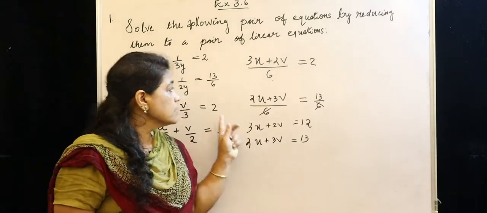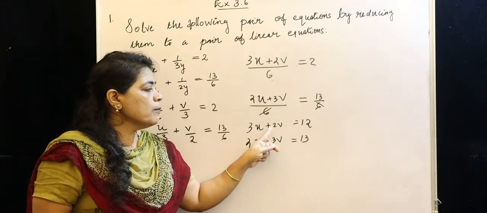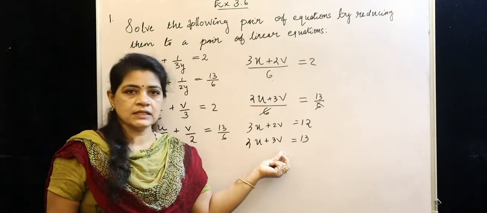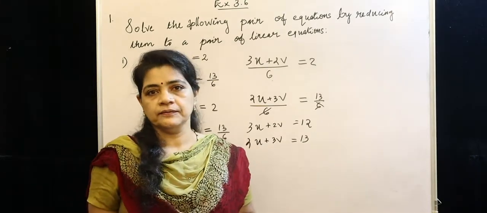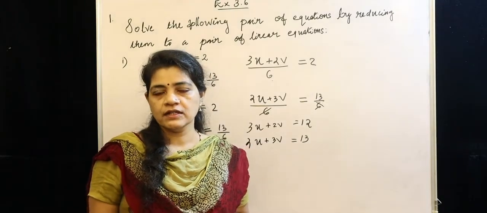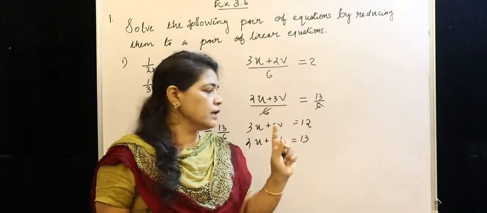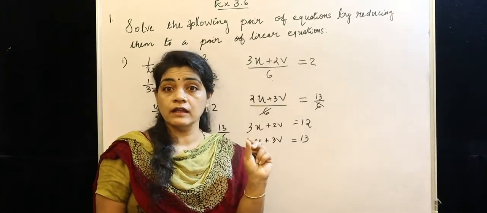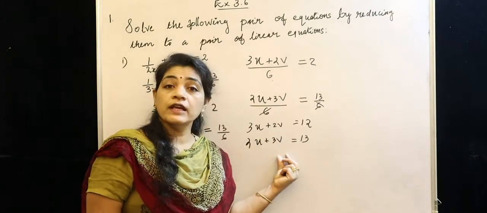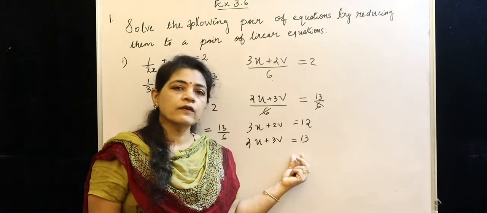See children, so this equation is now in the form 3u plus 2v is equal to 12 and 2u plus 3v is equal to 30. Understood? Just like the general form of a pair of linear equations in two variables a1x, x is in the numerator. So here in place of x we have another variable. In both equations we have kept the variables in the numerator. Understood? So it satisfies the general form.